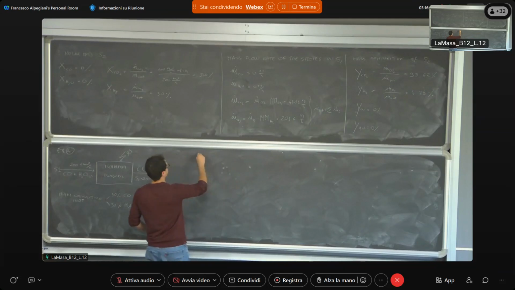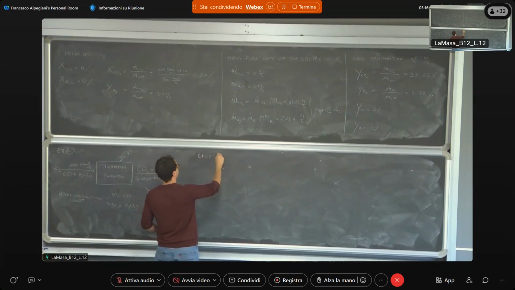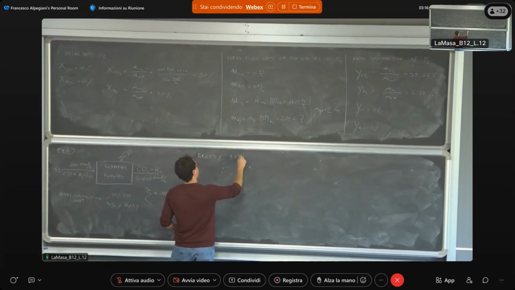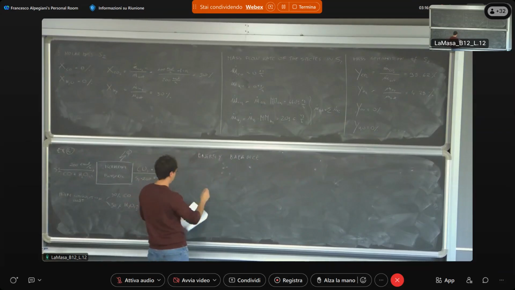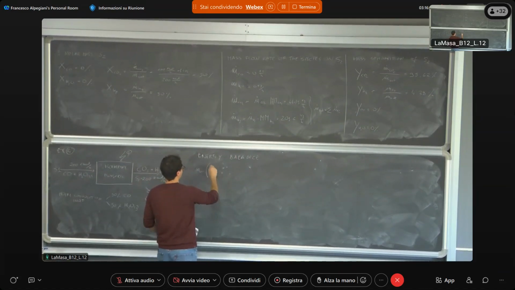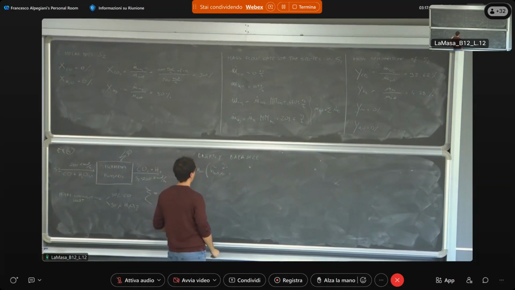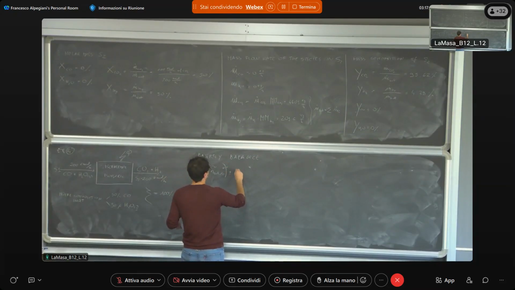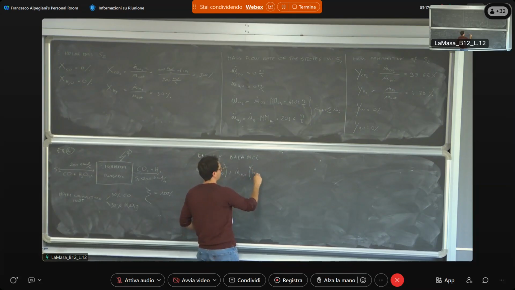So, writing the energy balance. Since we consider an ideal mixture of ideal gas, we can write N dot CO times the total enthalpy of CO entering, plus the molar flow rate of the water entering times the total enthalpy of the water.